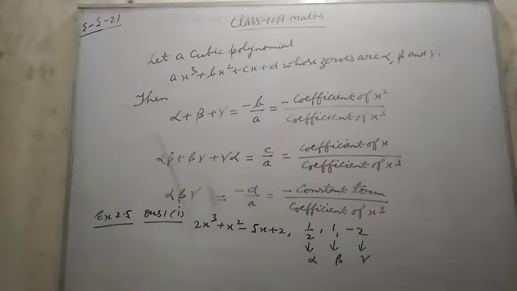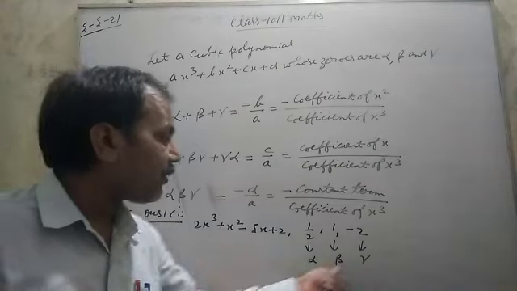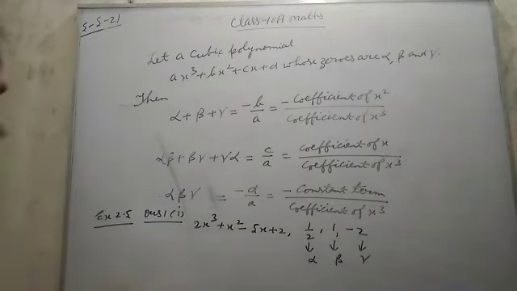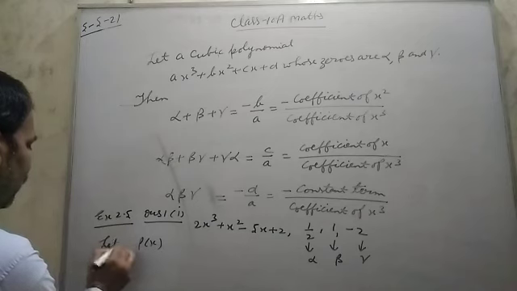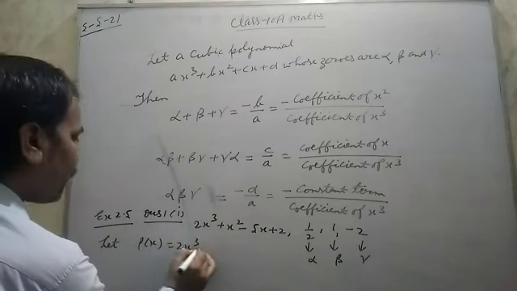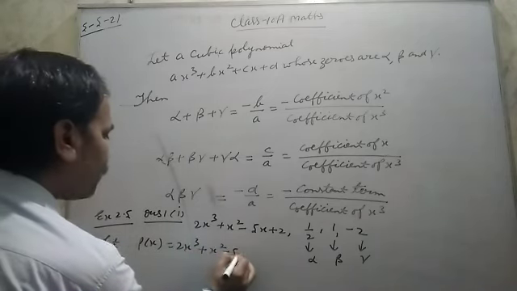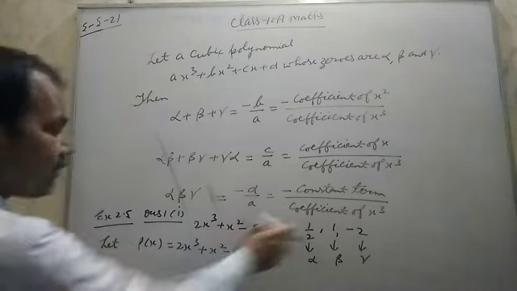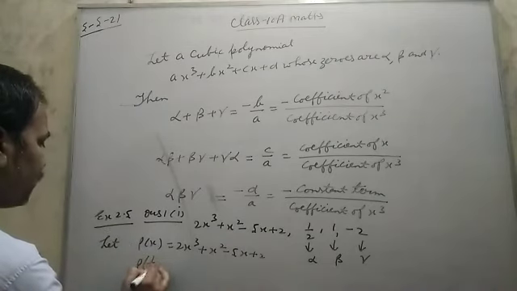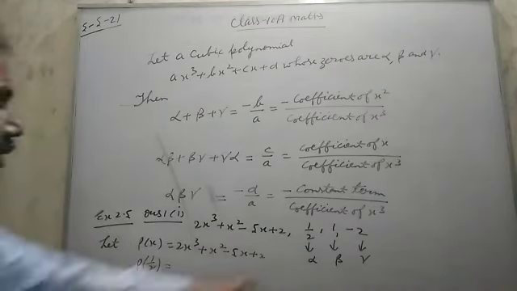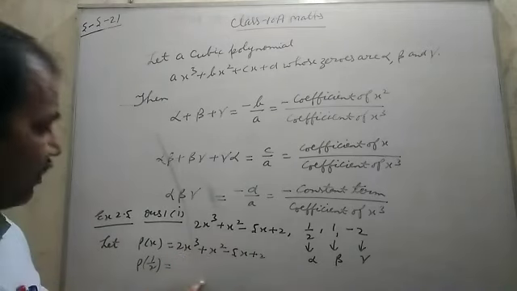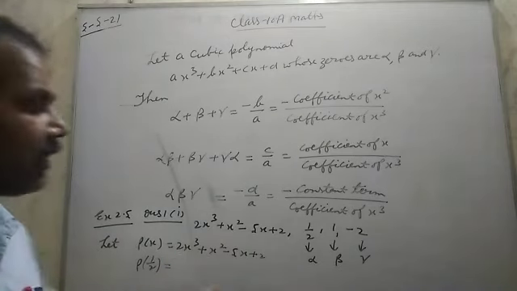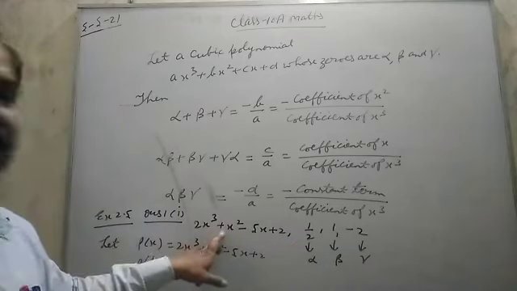So first verify that these alpha, beta, gamma are the zeros of this polynomial. So suppose p(x), okay, let p(x) is equal to this. So by putting 1 by 2 in place of x, if the remainder is becoming 0, then 1 by 2 is a zero of this polynomial.